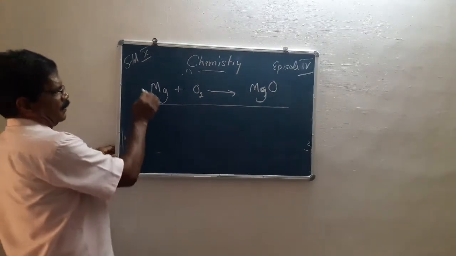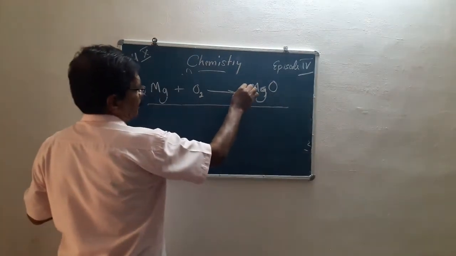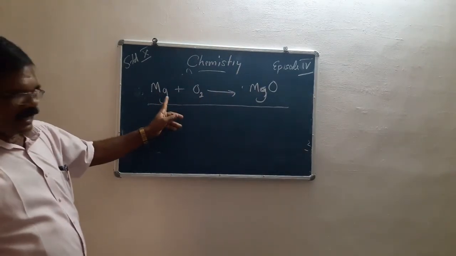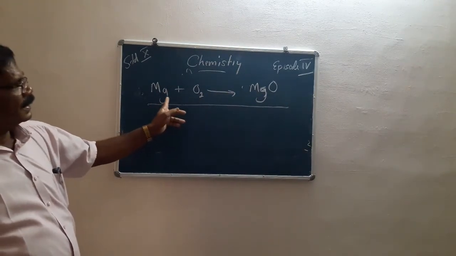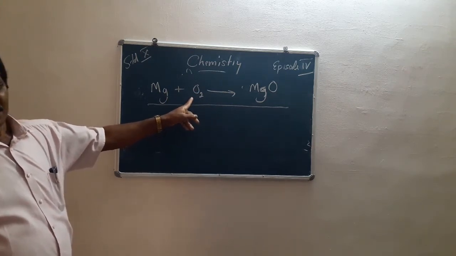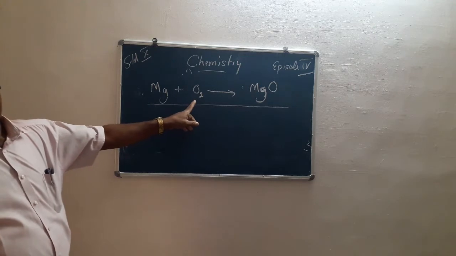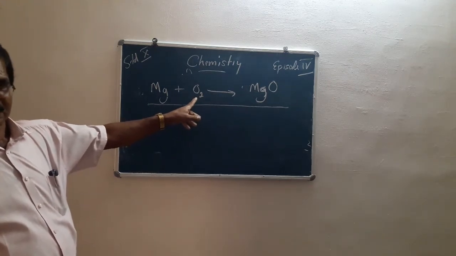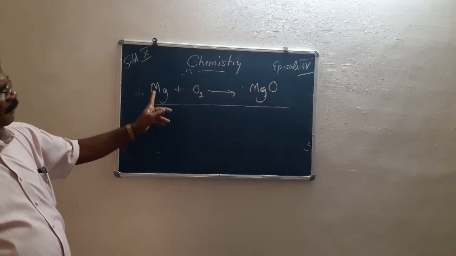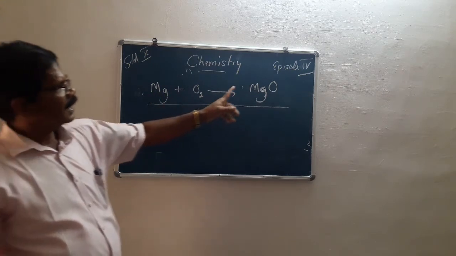First, we look at what the reactants are. The reactants are magnesium and oxygen. You take each chemical reaction, ask these questions and find out the answers yourself. First, you look at what the reactants and products are.